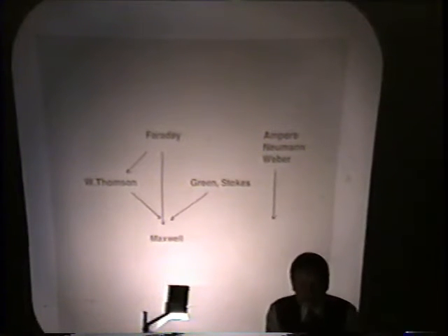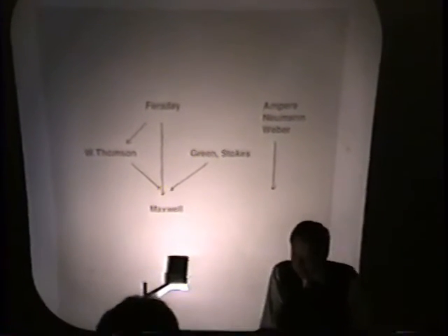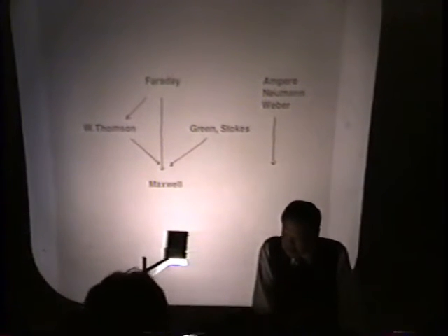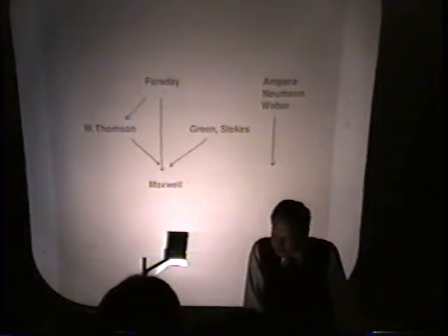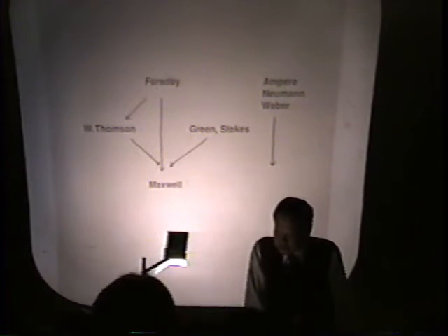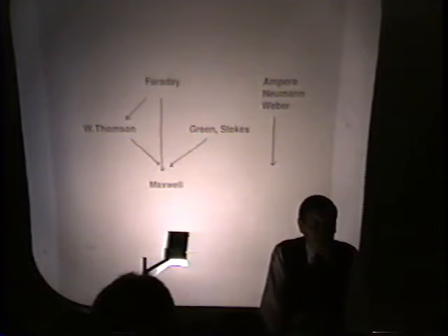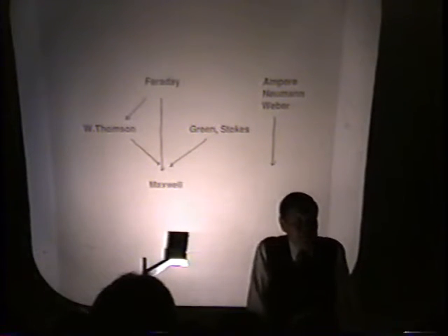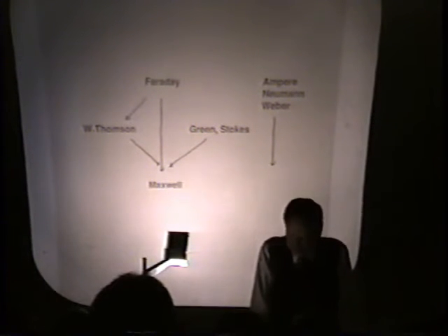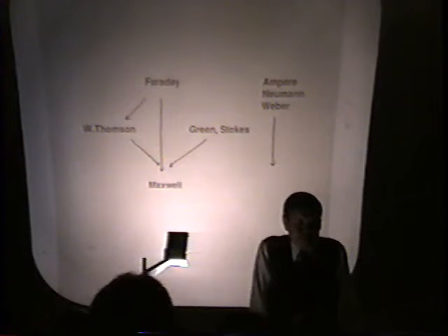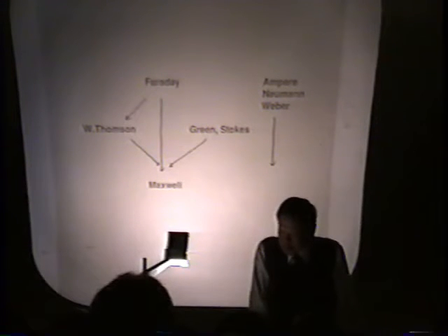Roughly, we might say that the intellectual heritage that descended on Maxwell followed somewhat these lines. In Great Britain, there was Faraday, a superb experimental physicist who found one of the 4 key laws of electromagnetism, perhaps in some sense also the most sophisticated one of the 4.